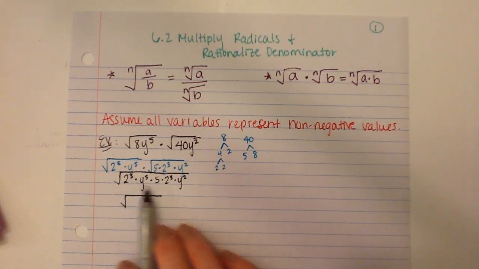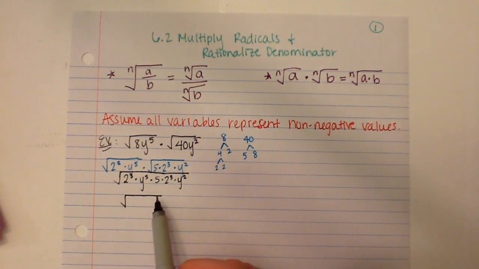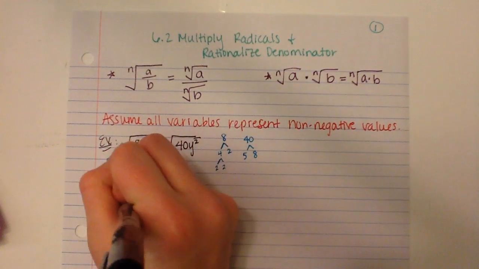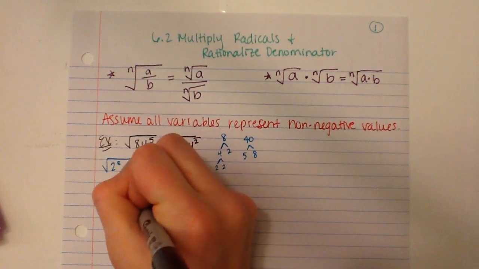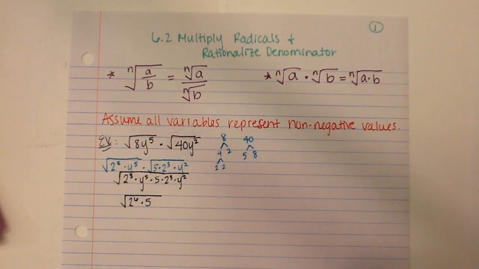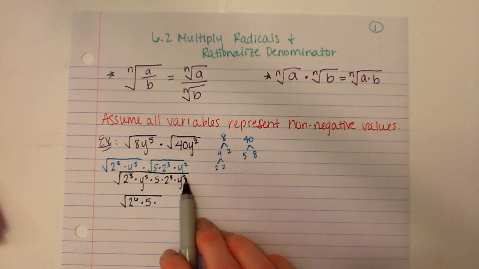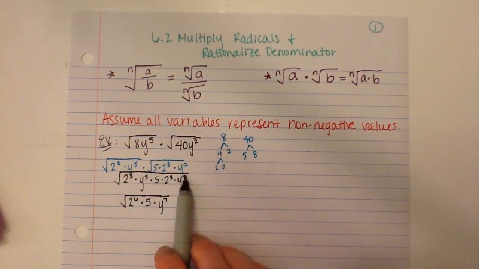If we take 2 to the 3rd times 2 to the 3rd, like we did in the very first section of chapter 6, when we multiply two numbers, we add our exponents. So 3 plus 3 gives us 2 to the 6th. And 5's by itself, so we have times 5. Times, if we take y to the 5th times y squared, we add our exponents to get y to the 7th, because 5 plus 2 is 7.